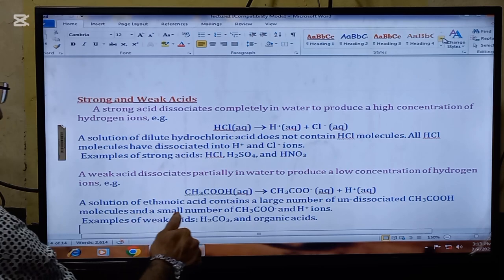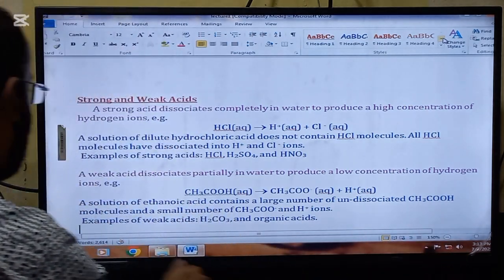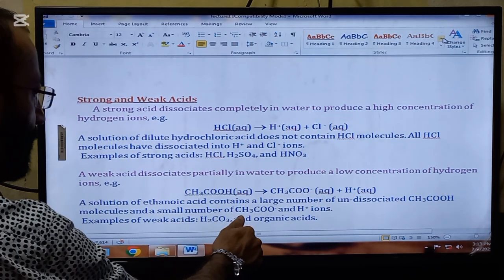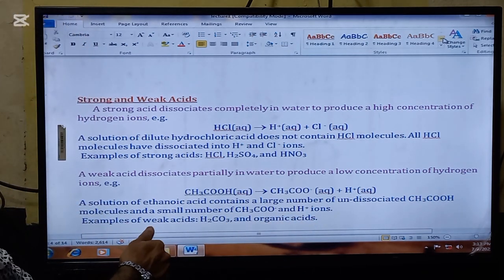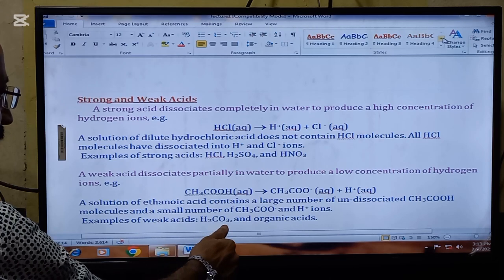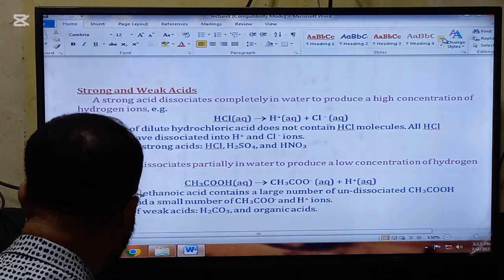A solution of ethanoic acid contains a large number of undissociated CH3COOH molecules and a small number of CH3COO minus and H plus ions. Examples of weak acids are H2CO3, that is carbonic acid, and all organic acids are weak acids.